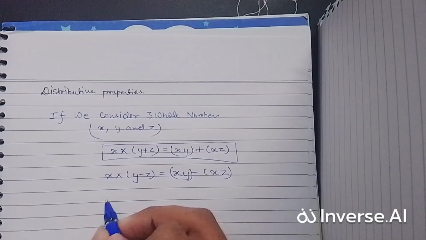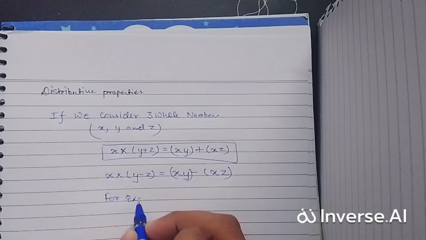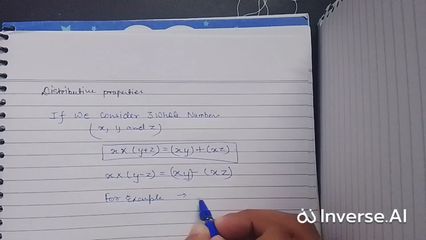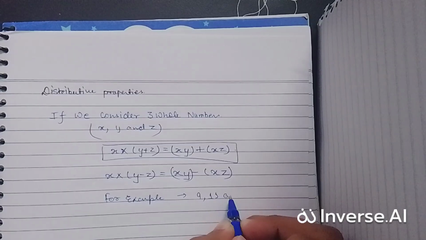For example, we will take three whole numbers 9, 11 and 6.